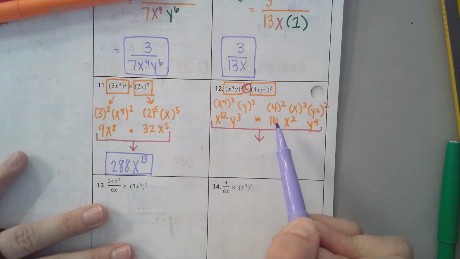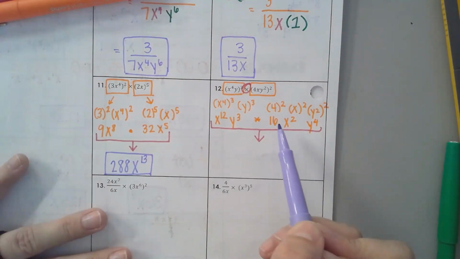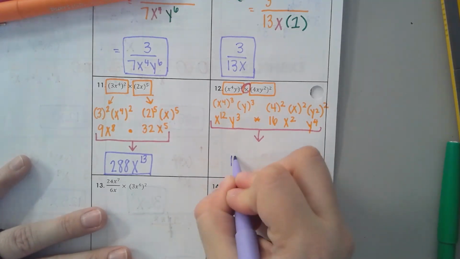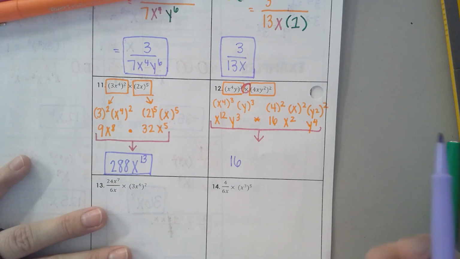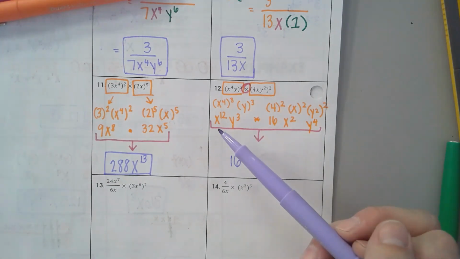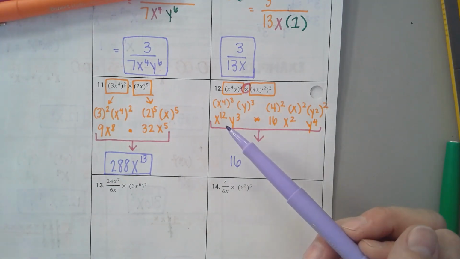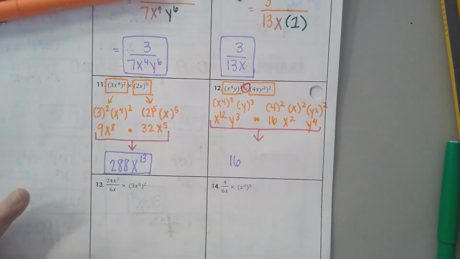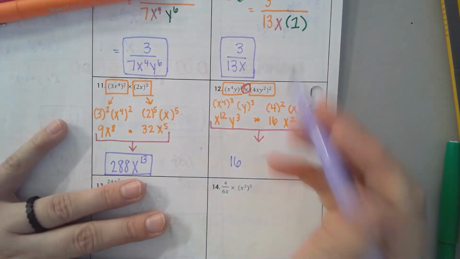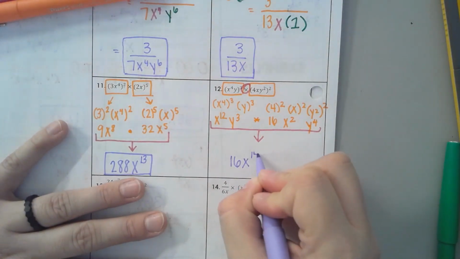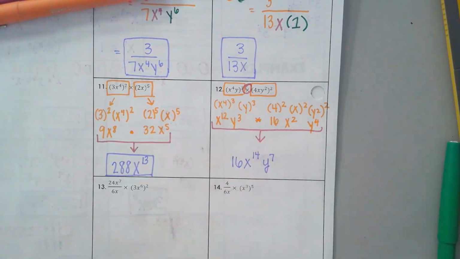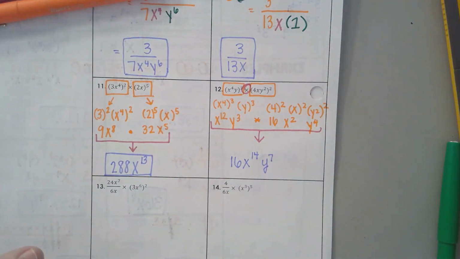Do you have anything to multiply to 16 by? No. So we just have 16. X's. I have x to the 12th and x squared. When you multiply variables, what do you do with the exponents? You add them. So we have x to the 14th, y to the 7th, because 3 and 4 is 7.